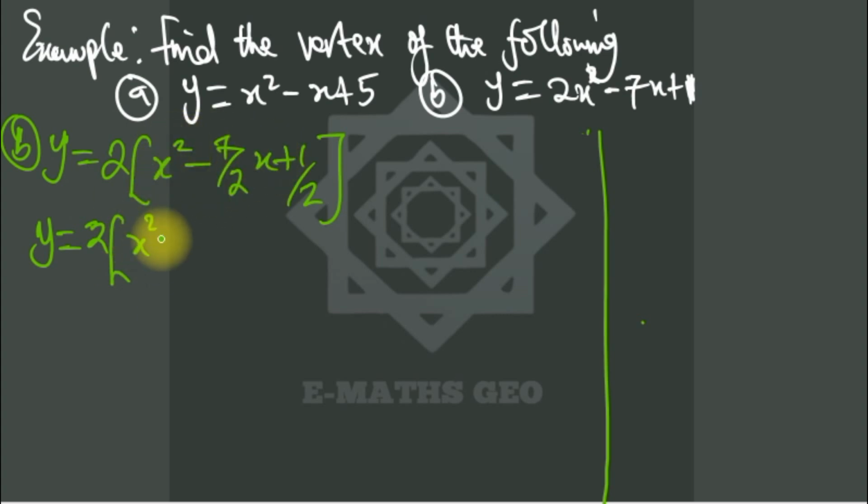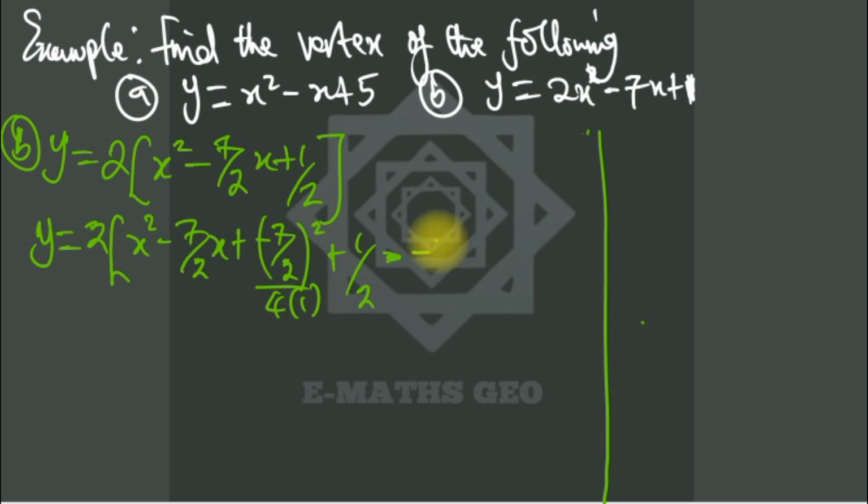So we add minus 7 over 2 all squared over 4 times 1 to make it a perfect square, but we need to counter by subtracting again minus 7 over 2 all squared over 4 times 1.